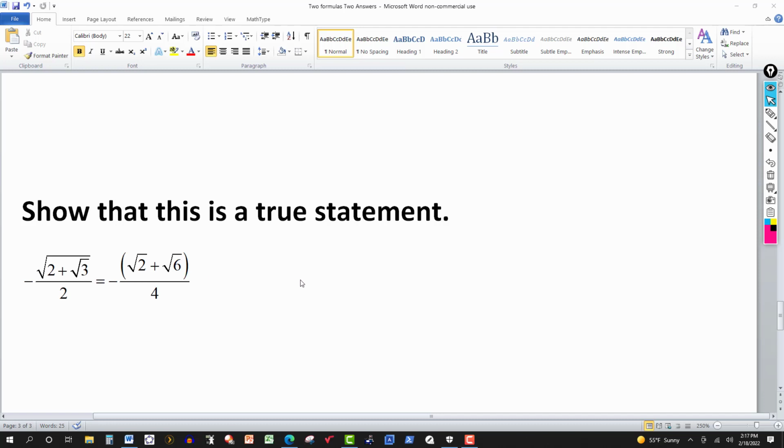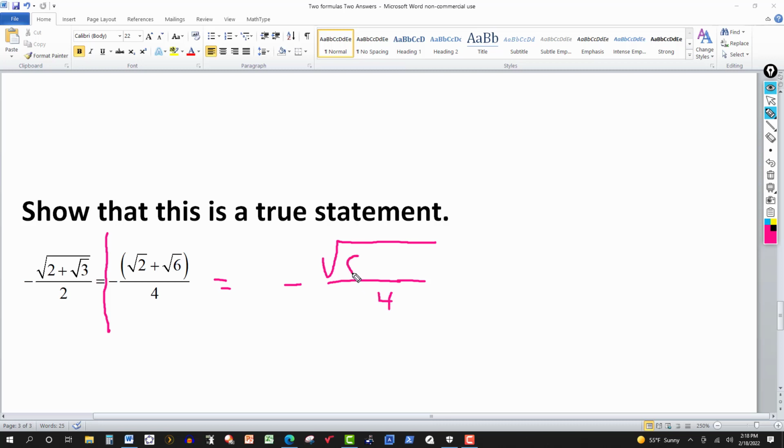So let's start with the right side. So I'm starting with this. I want to show that this is the same thing as what I have on the left side. And notice the left side has a square root, and then you have some stuff under there. So I'm going to start by saying this is going to equal the square root, because I know I need a square root on the left side, so I'll leave the 4 there.